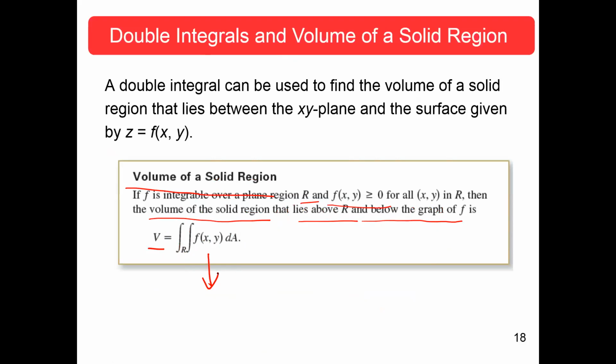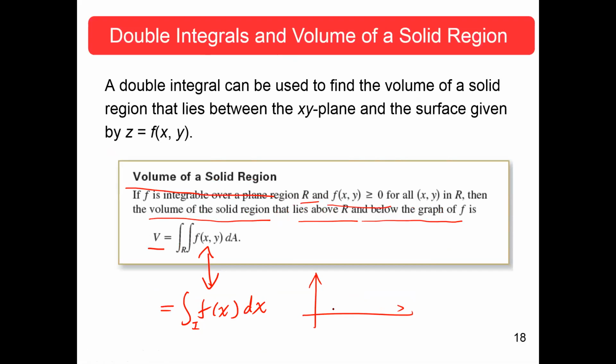Also, what about the single integral? What does the single integral tell you? Suppose the integral of f of x dx over an interval I, what does that give us? What quantity does this represent? Area.